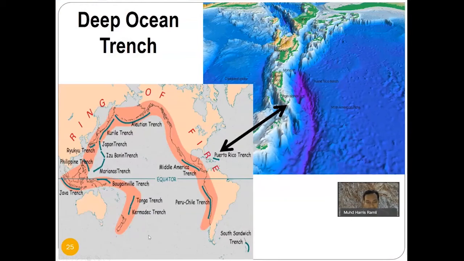In the ring of fire, I believe you already heard about this before. Because it is in the boundary area, right? When it's in the boundary area, basically you will have lots of geological events that constantly occur until the end of Earth. Meaning that you're constantly going to have earthquakes and magma upwelling.